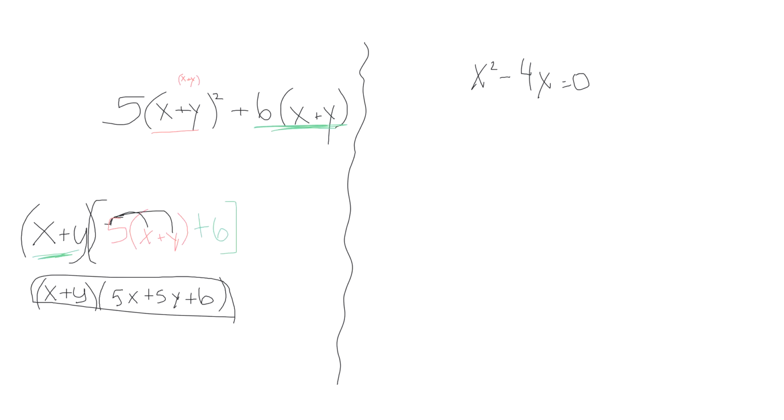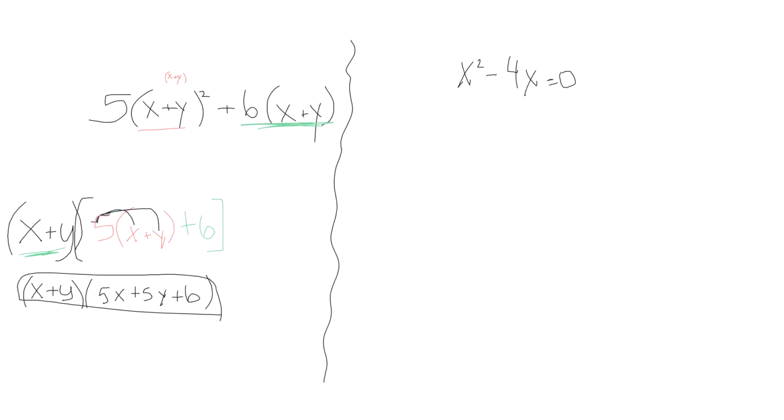So this means it wants me to find an answer. X equals blah, blah, blah. Since it's a zero product rule, I've multiplied some stuff. It equals 0. That means one of them has to be equal to 0, which means I'm going to factor it and I'm going to set each of those parentheses equal to 0.